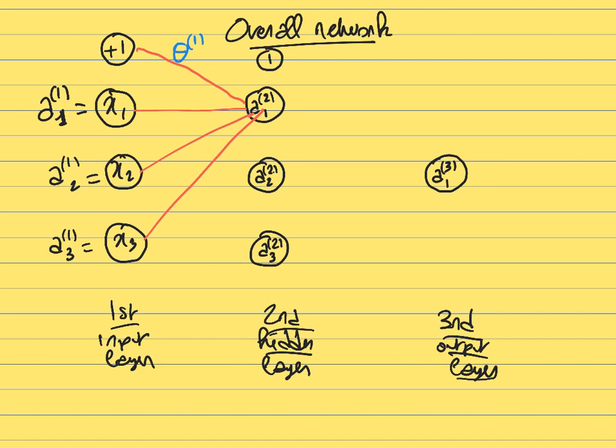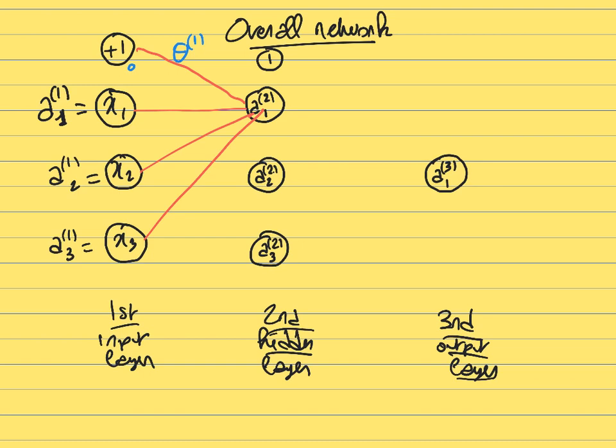And then we are going to put as a subscript the numbers of the two units that are connected to each other with this weight. So for example, this coefficient theta is connecting the bias of the first layer, which is index 0, to the first neuron of the second layer.